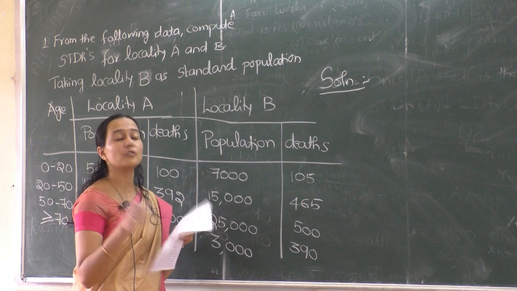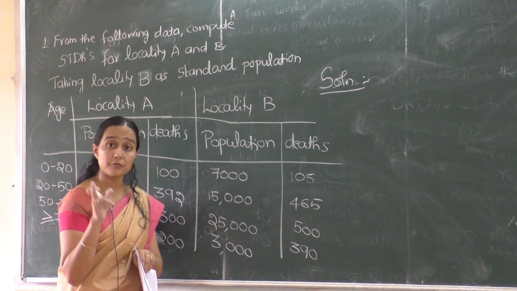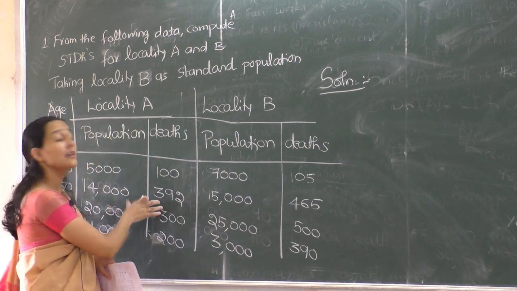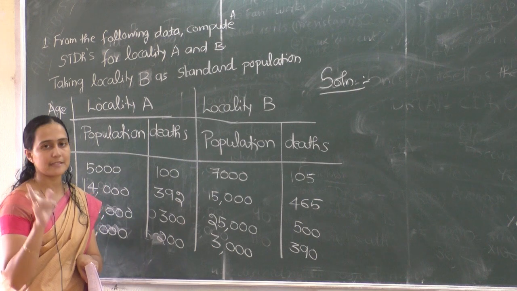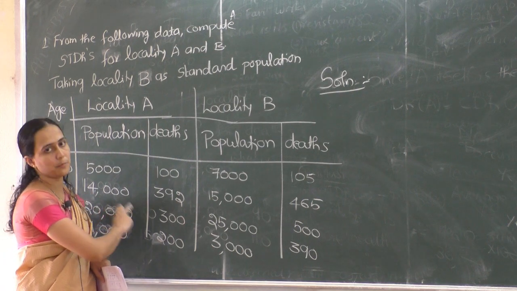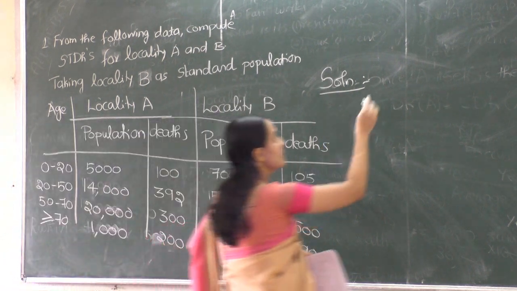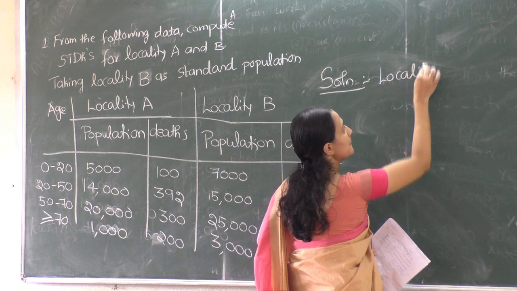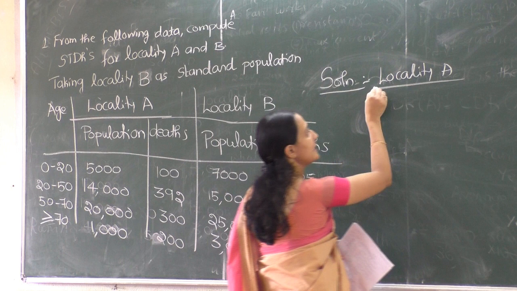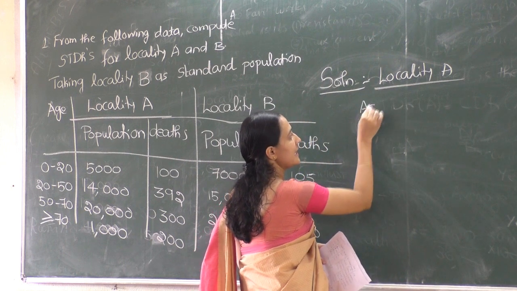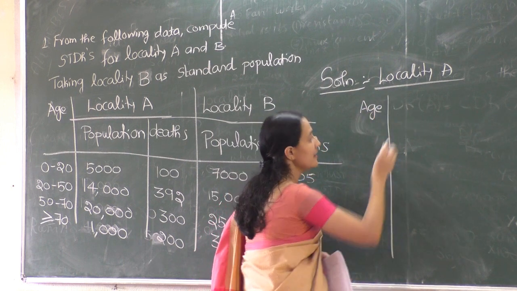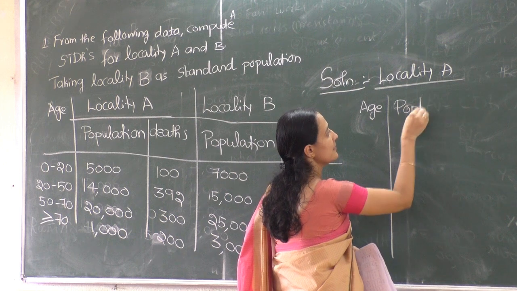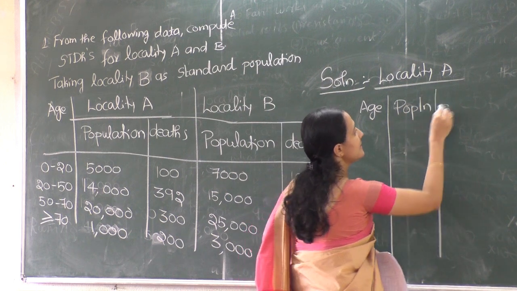So first we will do locality A. For finding STDR of A, we have to compute age specific death rate of first population A. So first we will do for locality A. Locality A is first age group, next population, next deaths.